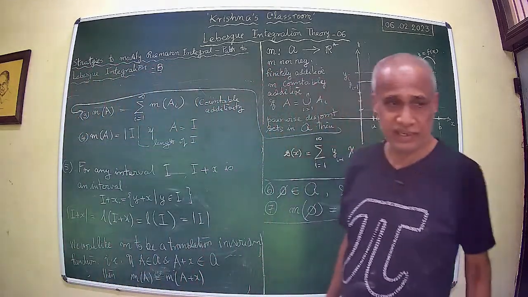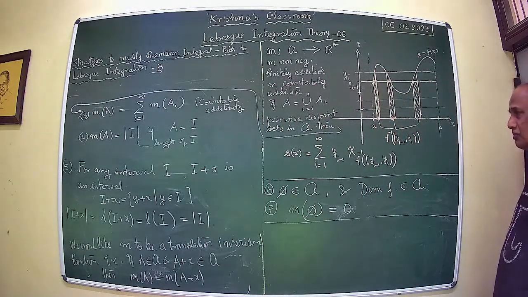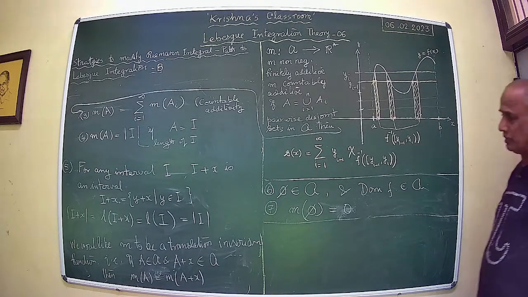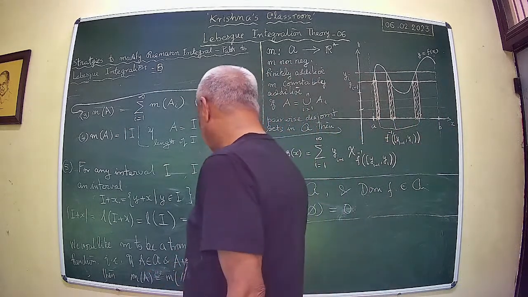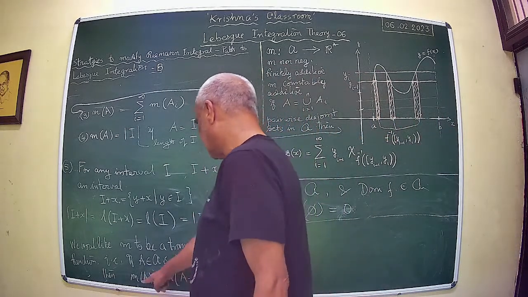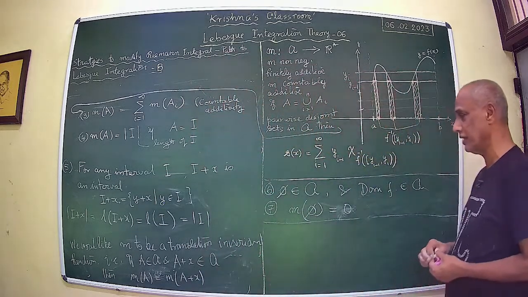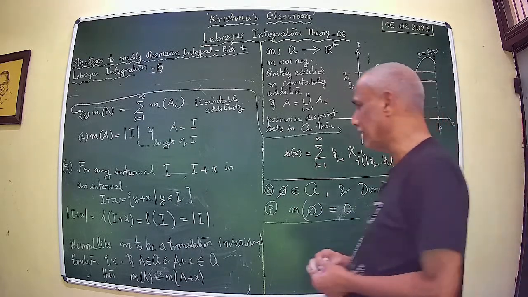What more do you need? If you have a set A, then its translation should be in A. That is, if A belongs to script A, then A plus x belongs to script A, and the measure of A is equal to the measure of A plus x. That condition should be satisfied. Actually, all intervals are to be there and so on.